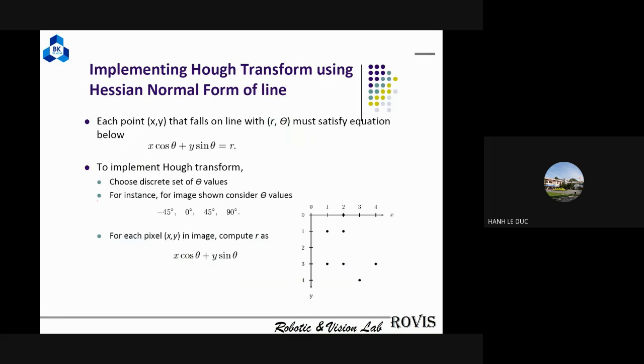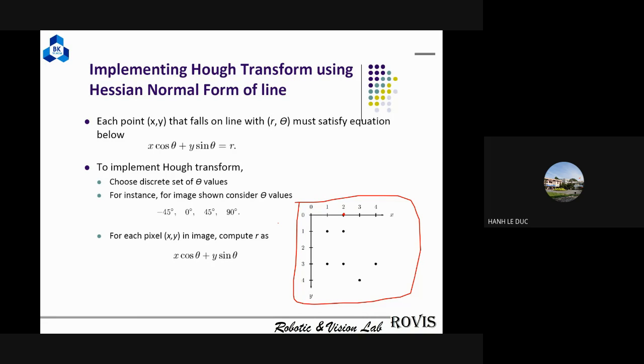Okay, let's see. Example, I give you this one. Be careful that we also have a point number 2 here. So let's find the line.